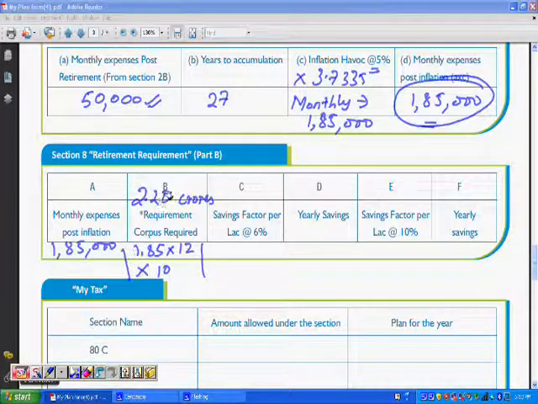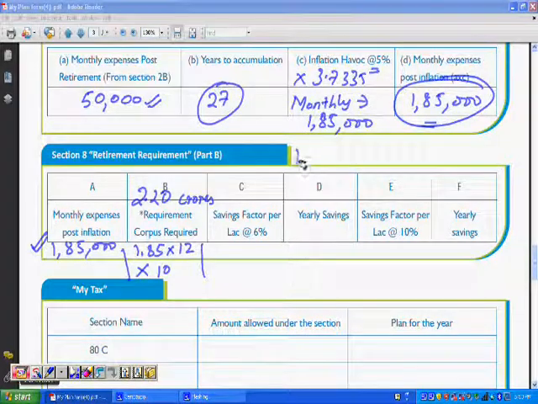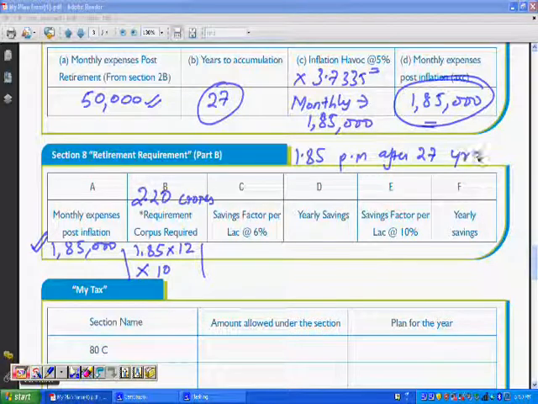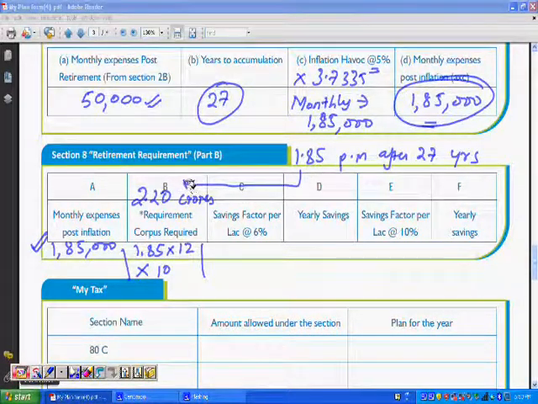So what we are saying is that if you want 1,85,000 rupees per month after 27 years, I'll repeat this, 1.85 per month after 27 years, you should have a corpus of 2.20 crores.